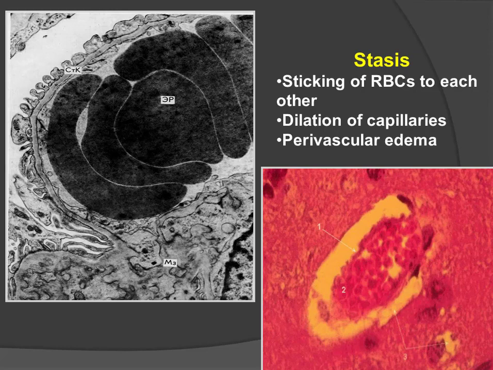Sludge phenomenon is characterized by adhesion, aggregation, and agglutination of the blood cells, resulting in the separation of the blood into conglomerates of red blood cells, RBCs, with white blood cells, platelets and plasma, as well as violation of the microcirculation.